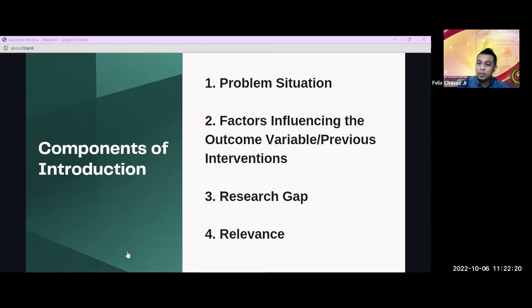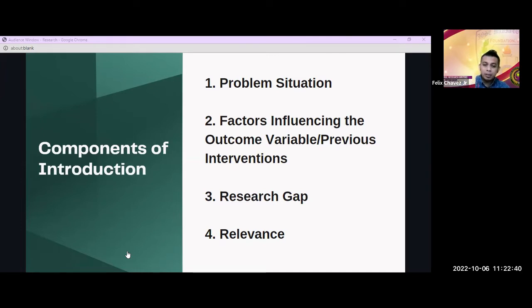Problem situation is also a literature. As what I have mentioned, what's the extent of the problem? How many percentage when it comes to faculty turnover? You have to emphasize that based on the previous studies. As what I have mentioned, post-studies ito lahat, but you have to form a statement to make a story.